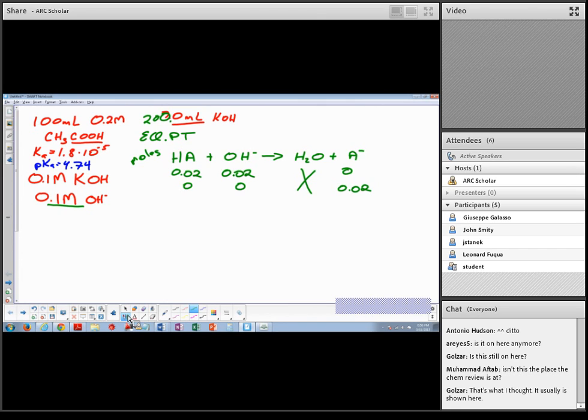Okay? So we still want to find pH. Okay, but there's no more acid left. So how do we go about doing that? What are we going to have to do here? Use Kb, right? Because all that's left in our solution now is the conjugate base. Okay? So, let's see, what's going to be my total volume here?